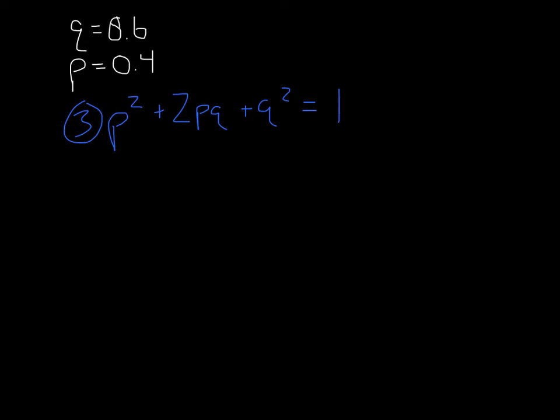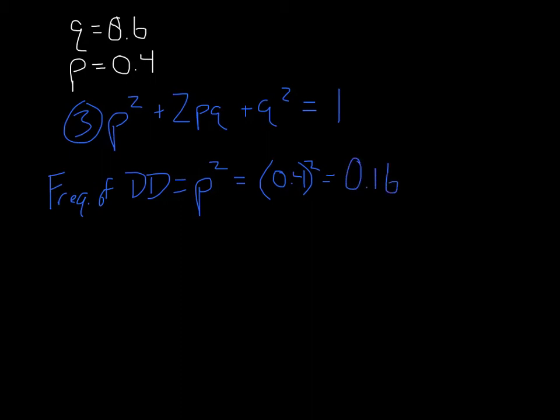What they ask us for in this question is, first, what's the frequency of homozygous dominant, which is equal to p squared.